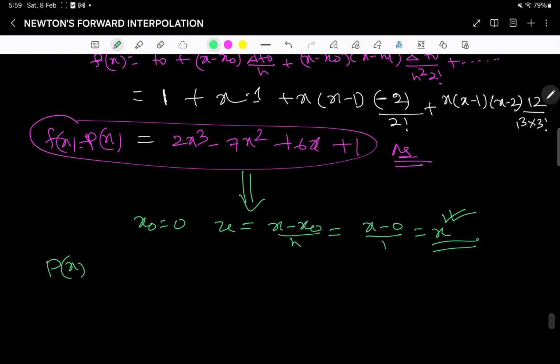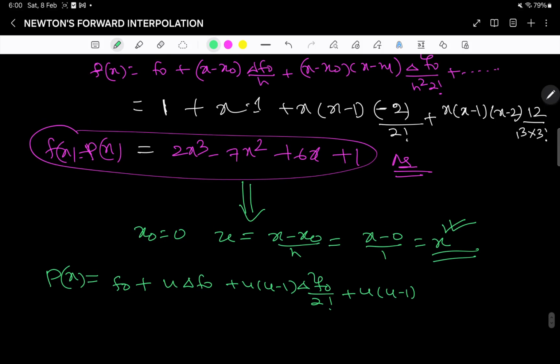Now p of x is equal to f0 plus u del f0 plus u into u minus 1 del square f0 by factorial 2 plus u into u minus 1 into u minus 2 del cube f0 by factorial 3. We leave it here.